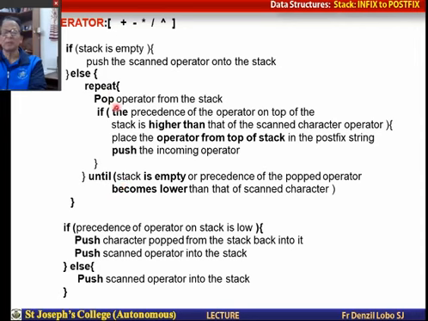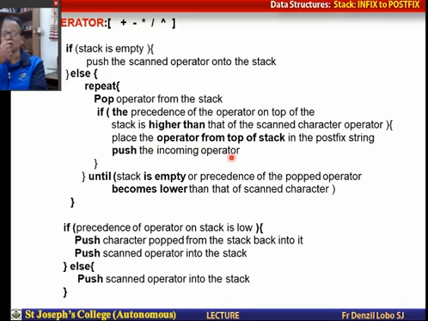Repeat: pop the operator from the stack and compare its precedence with the incoming operator. If the precedence of the operator on the top of the stack is higher than that of the scanned operator, place that operator from the stack on the postfix string and push the incoming operator onto the stack.